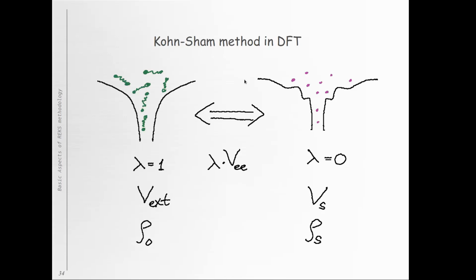But we now modify this potential in such a way that the density remains the same along this path. This is the adiabatic connection path. And we end up with a system of non-interacting electrons, lambda equals 0 here, which has exactly the same density as the physical system, right?